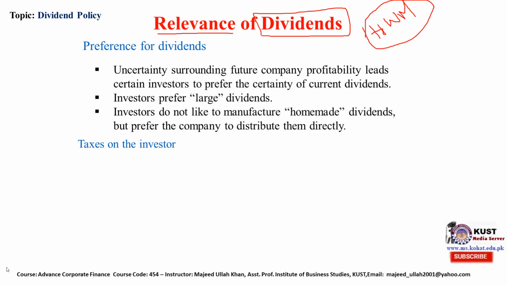Preference for dividend. This is also called the clientele effect, and sometimes it is called the bird in hand theory. The bird in hand theory says that a bird in hand is worth more than two in the bush.